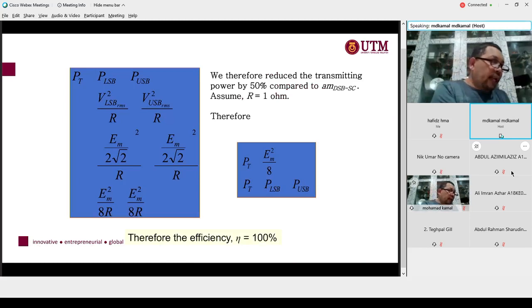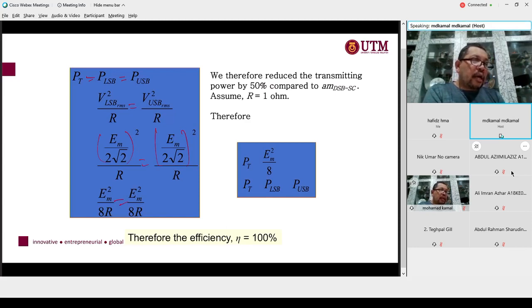Okay, so what we have here, the power transmitted is actually equal to the power in the lower sideband, which is equal to the power in the upper sideband. So the power in the lower sideband is square over R, and then you square this one as well. So you can see that here it is equal to EM squared over 8R.